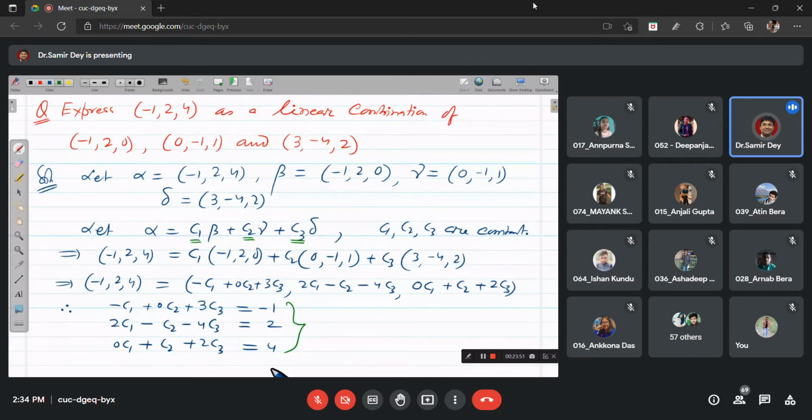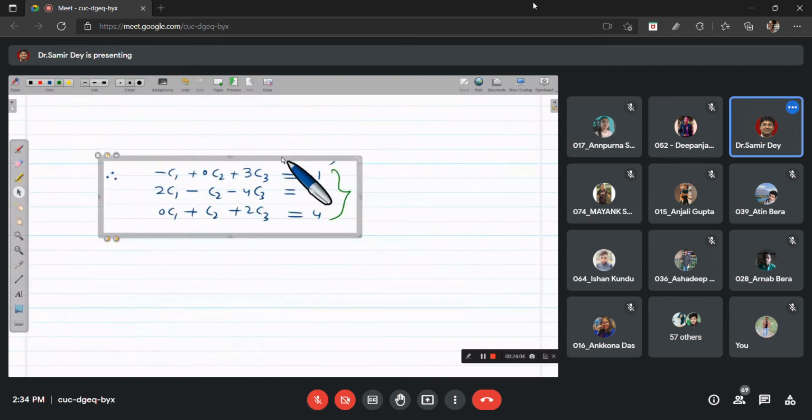Different methods we have, correct? Now our target is to solve it. One of the easiest methods we have is called Cramer's rule. Correct?